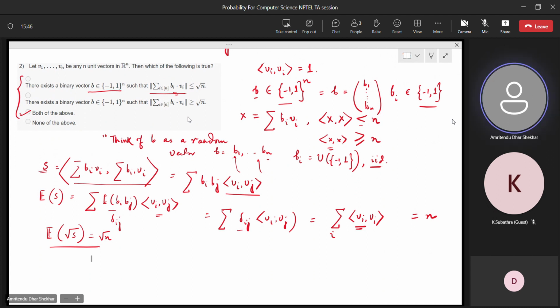Because if all the values were smaller than the mean, then the mean would also be less than that. So for instance, let's say 5 is my mean, and my random variable takes all values smaller than 5. That's not possible, right? Similarly, if 5 is my mean and my random variable takes all values greater than 5, that again is not possible. So the mean is somewhere in between the possible range of values which my random variable takes.